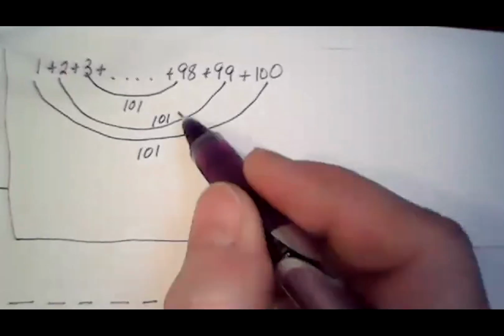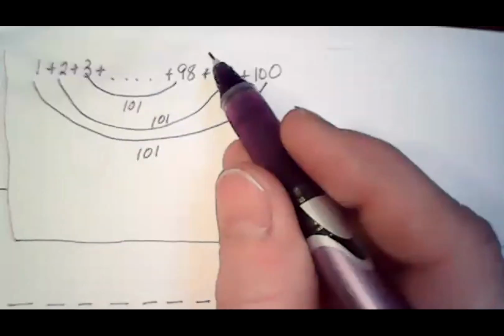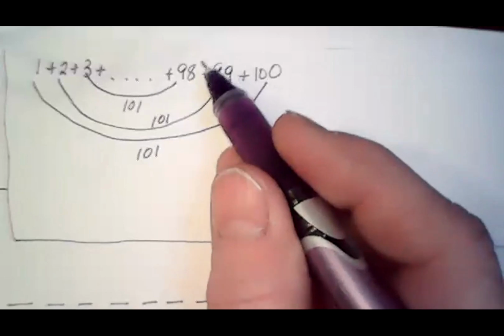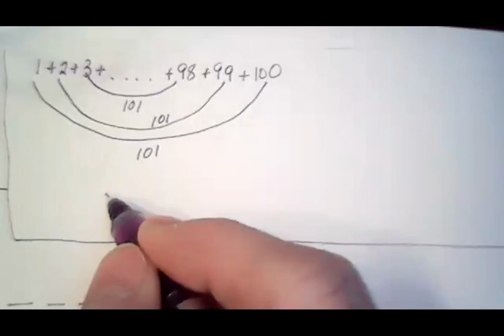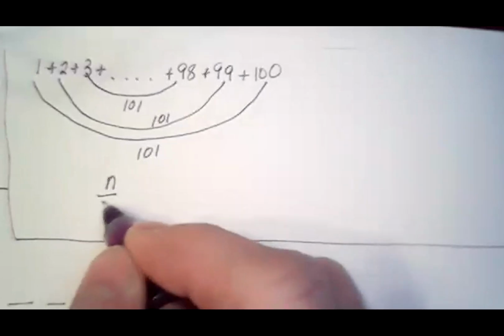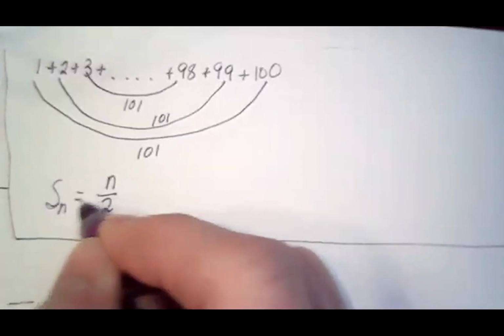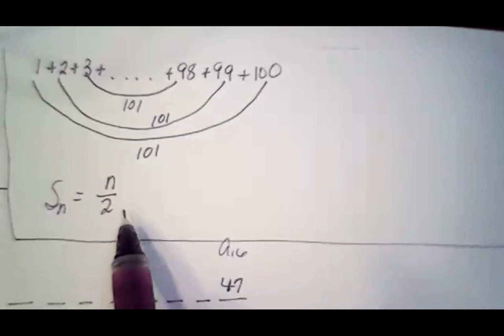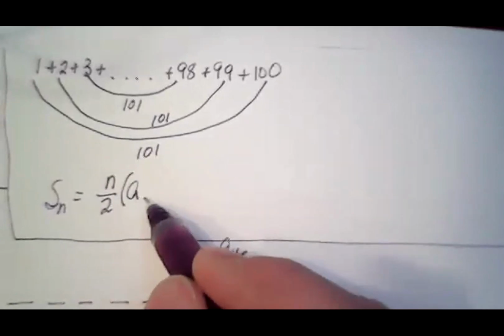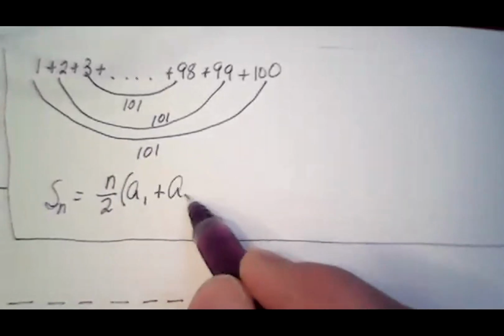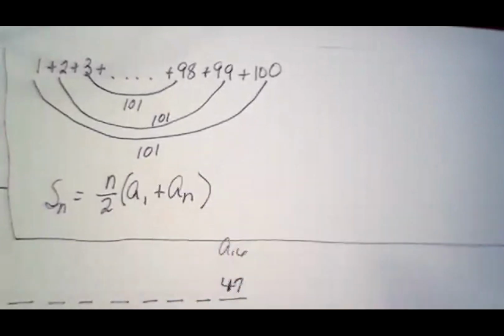So he said, oh, I think if I pair up all the numbers, I'm going to get 101 every time. And since there's 100 numbers, that means there's 50 pairs. So in the formula, the n divided by 2 is telling you how many pairs of these numbers you have. And you just have to take the first plus the last.